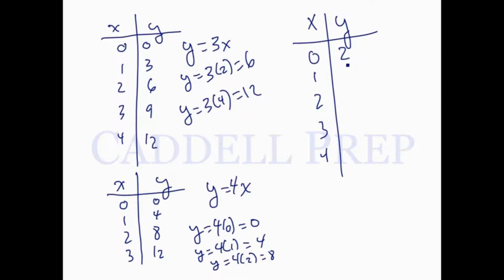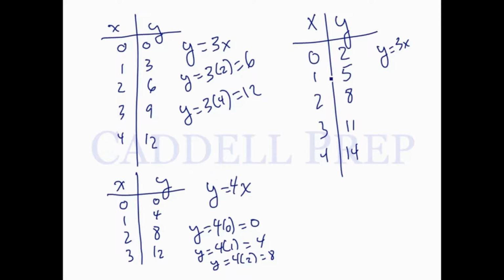So what happens if now we start counting by 3's? So this is no longer y equals 3x. Because 1 times 3 does not equal 5, and 2 times 3 does not equal 8. Instead, it's going to be still 3 times x because we're increasing by 3 each time.